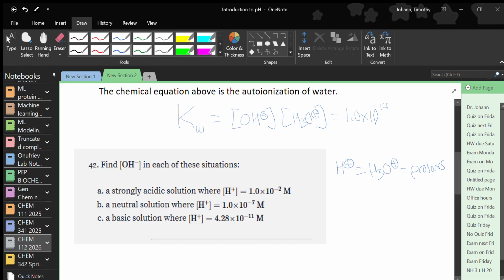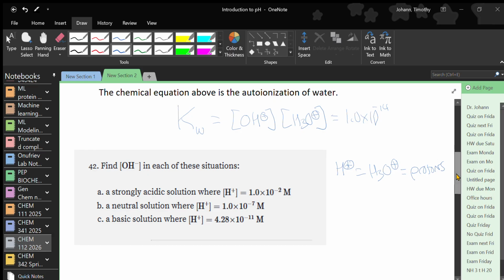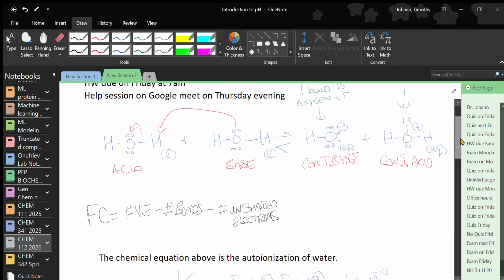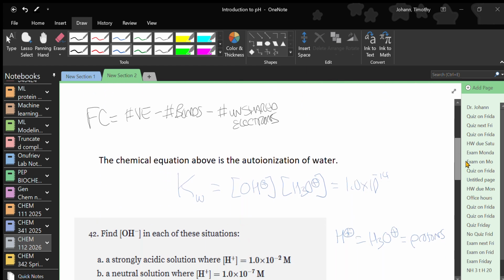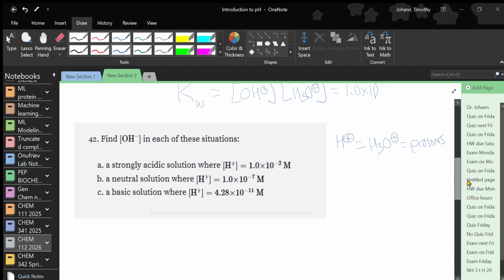We say H plus, but it doesn't really exist like H plus, so people like to use H3O plus, and if we're explaining what's going on with autoionization, we want to use H3O plus, but often we'll abbreviate it back to H plus because chemists are lazy, okay? So let me go ahead and work this one, but if you were stuck there, I apologize. I should have reminded you of that.